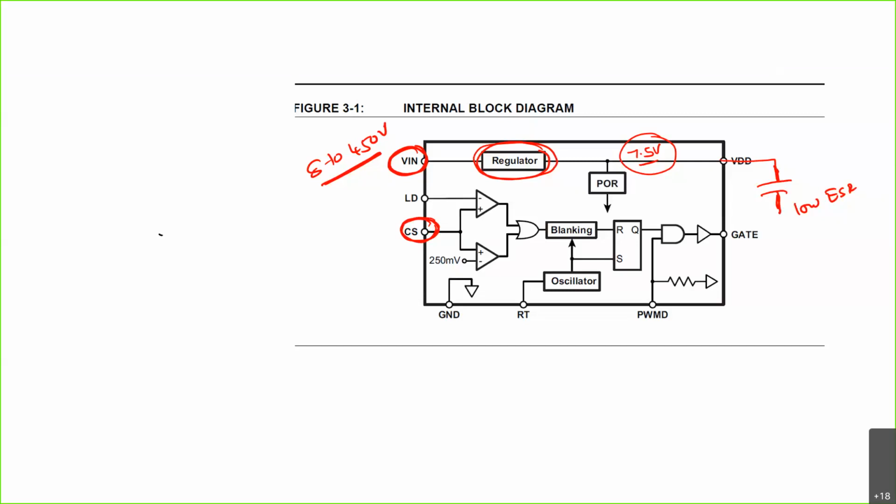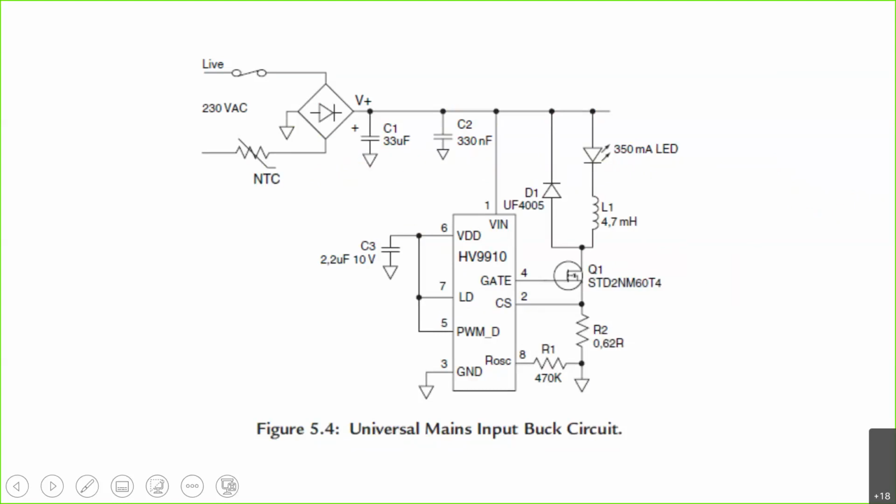There are two settings. One is the internal setting, where the current sense limit is 250 millivolts. Here we connect a resistor at the current sense pin, so the drop across it is limited to 0.25 volts.